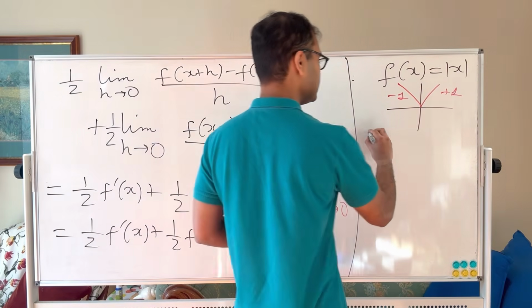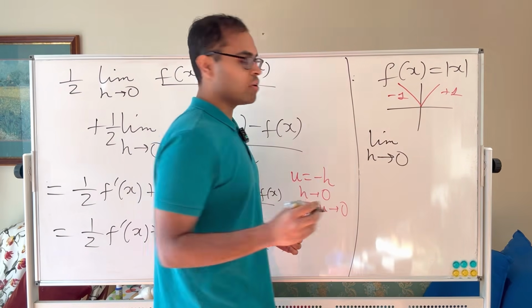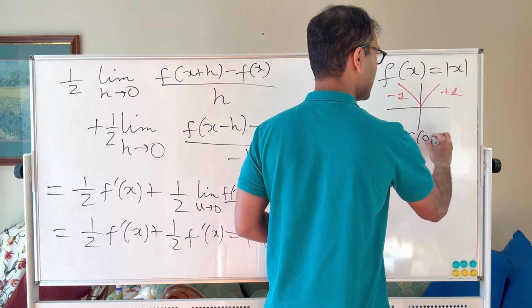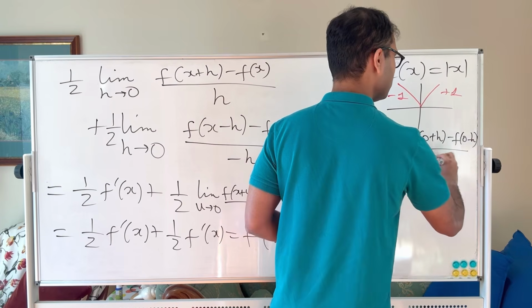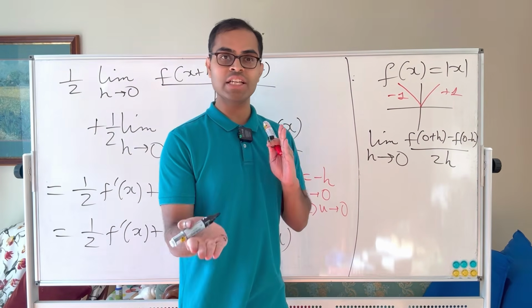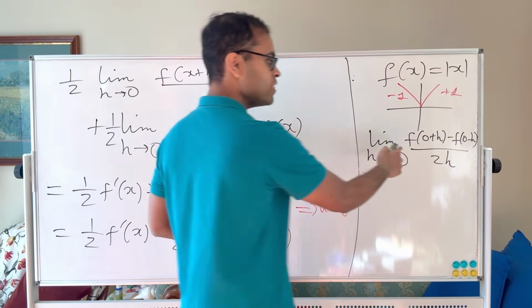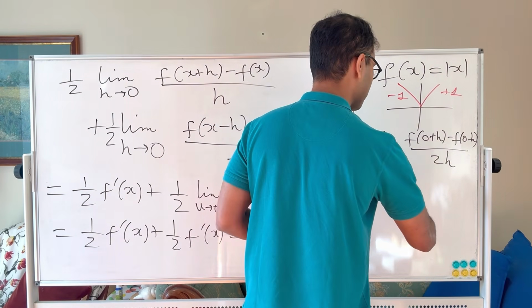However, if we applied the secret formula and looked at the limit as h goes to 0 at x equals 0, it would be f of 0 plus h minus f of 0 minus h divided by 2h. Then what you'd see is that because the absolute value function is an even function, f of h and f of minus h are equal. Absolute value of h is equal to absolute value of minus h.